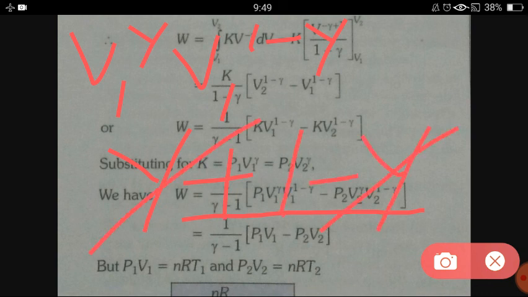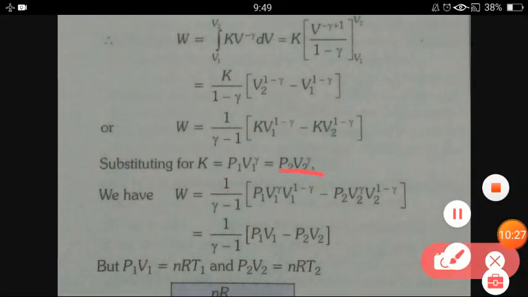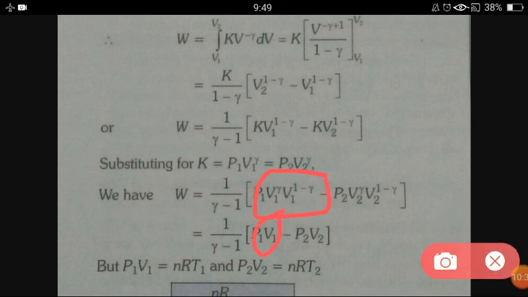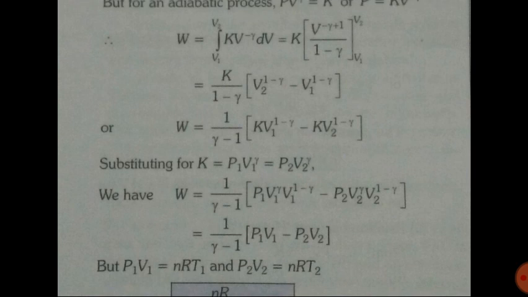So gamma and gamma cancel, and in the power we have only 1. So we get V1 to the power 1. Similarly for V2, we get simply V2. So we have 1 upon gamma minus 1 times P1 V1 minus P2 V2.